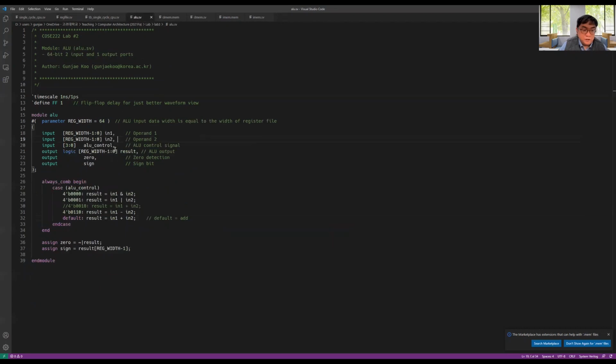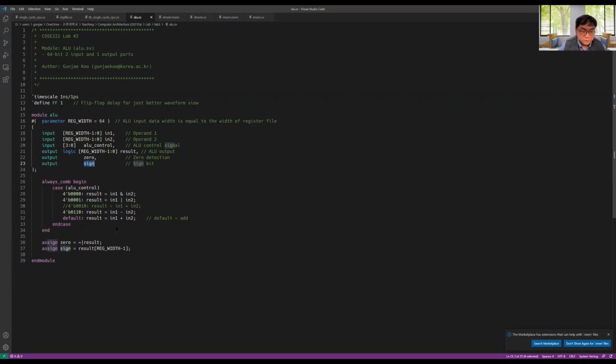Okay, let's see the view. So actually this sign output is included for this lab assignment, because this single cycle processor needs to support additional branch instructions, right? BNE, BLT, and BGE.